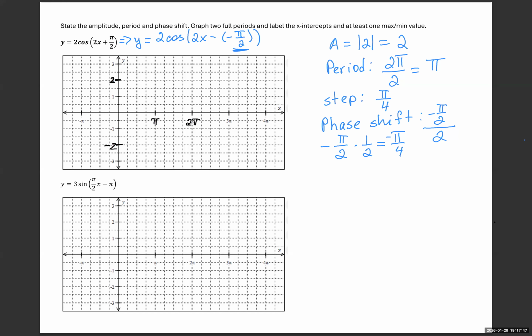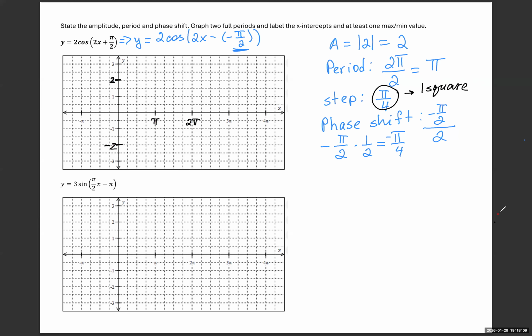And that means that if the step size is pi over 4, I have 4 squares in a pi, which means that pi over 4 is 1 square on this grid.